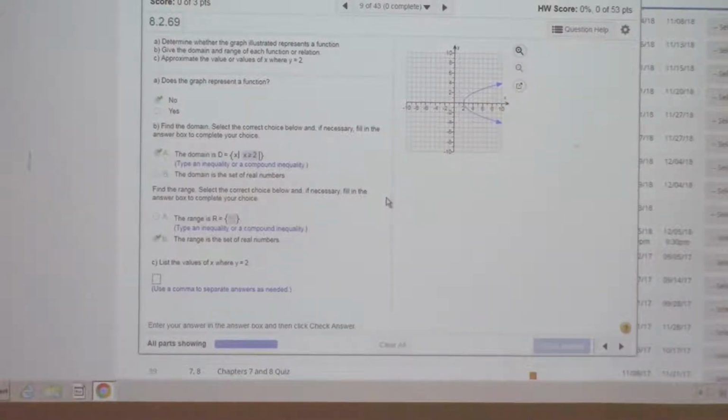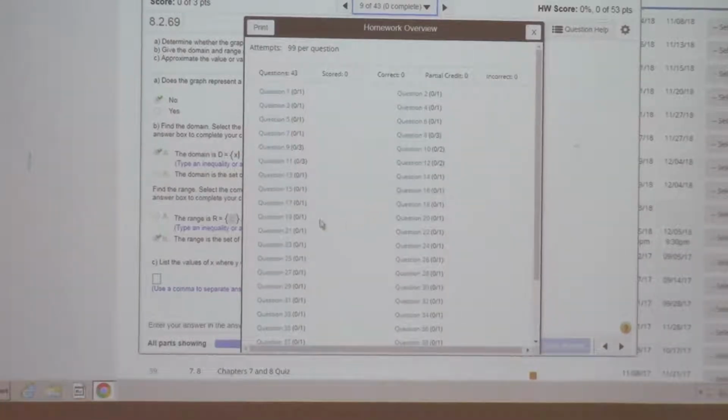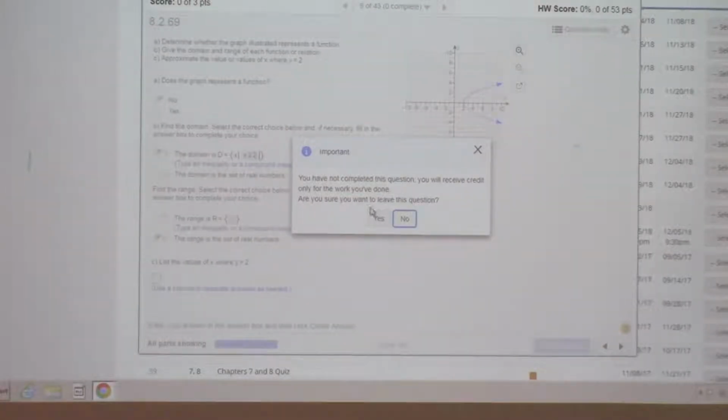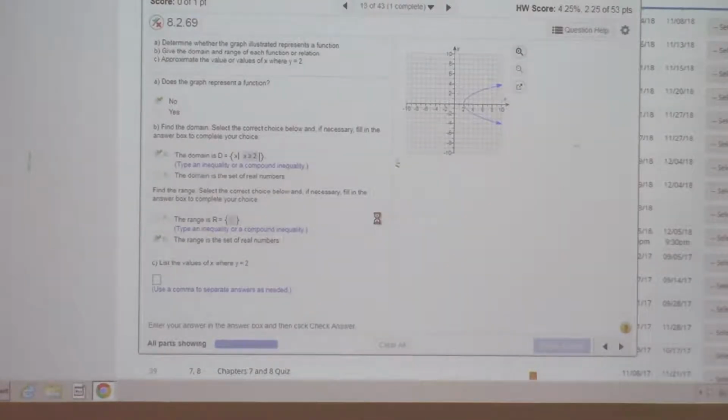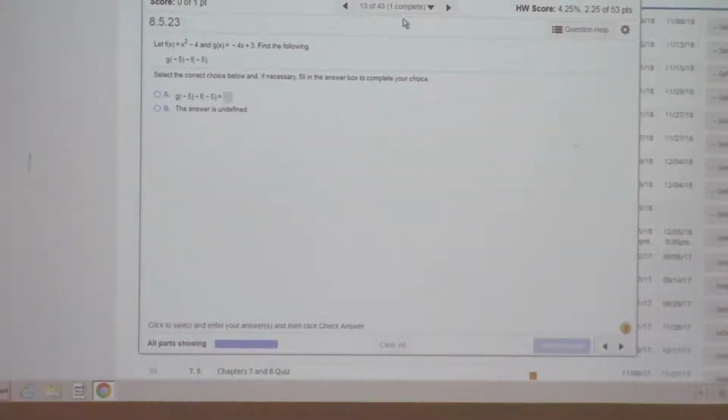So now similarly we can look at another modeling with functions problem, which is this number 13. No, not number 13. What number is this?